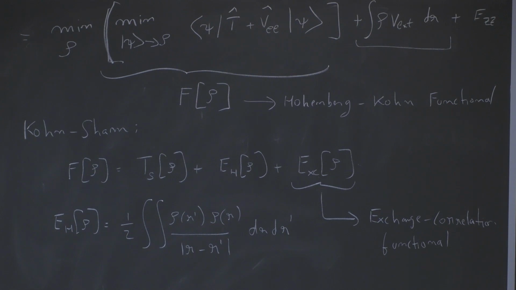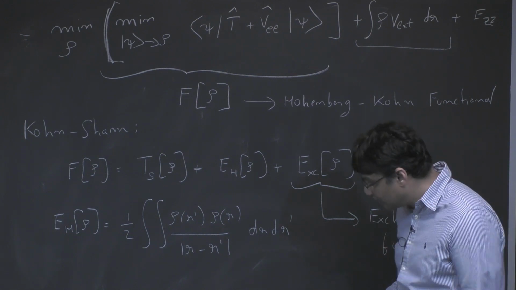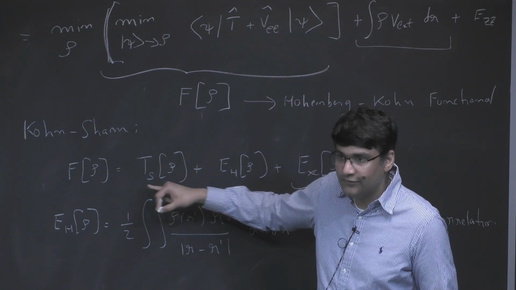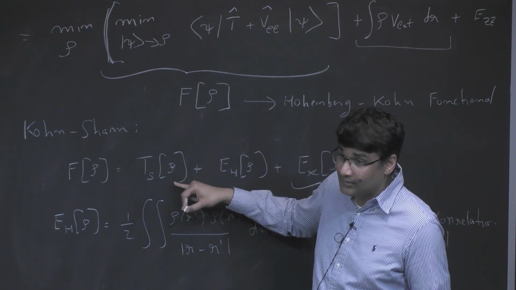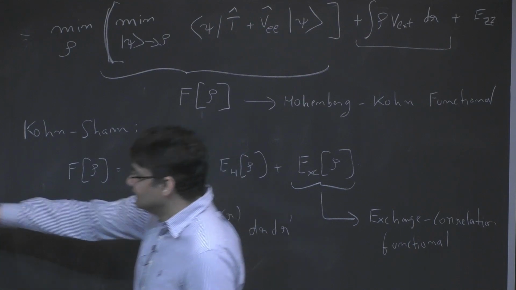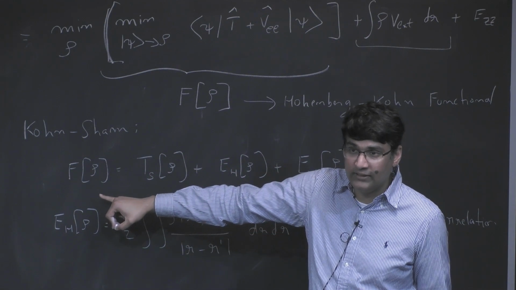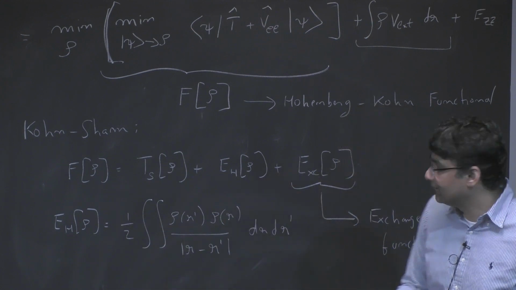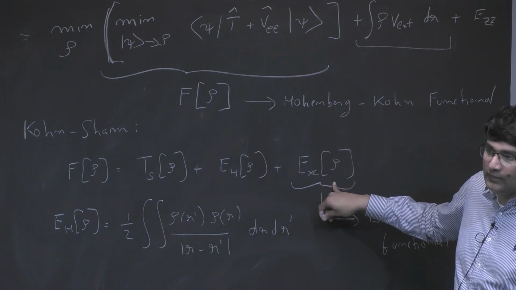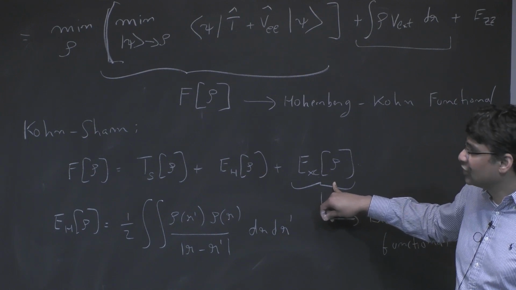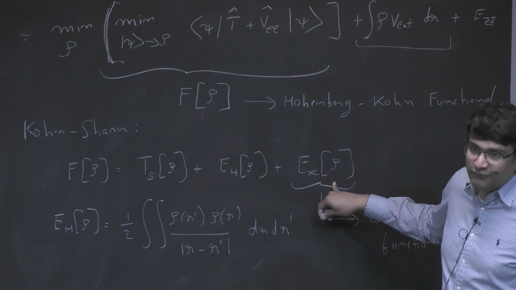What Volker is coming to is that this is a functional of rho, but eventually it is computed in terms of the single electron Kohn-Sham orbitals. I know that the sum of all these things has to be solely a functional of rho, but from that there is no guarantee that this will be solely a functional of rho. It can also be a function of the wave functions.